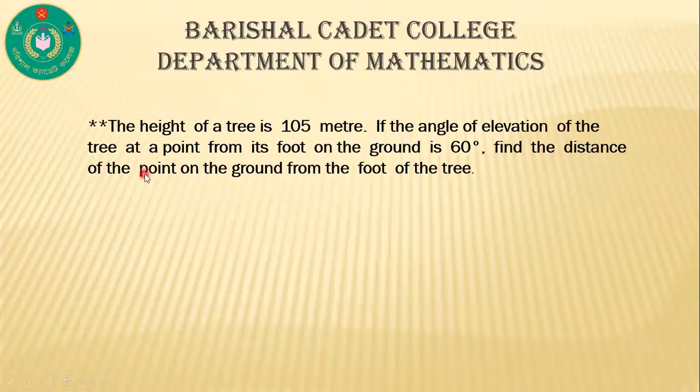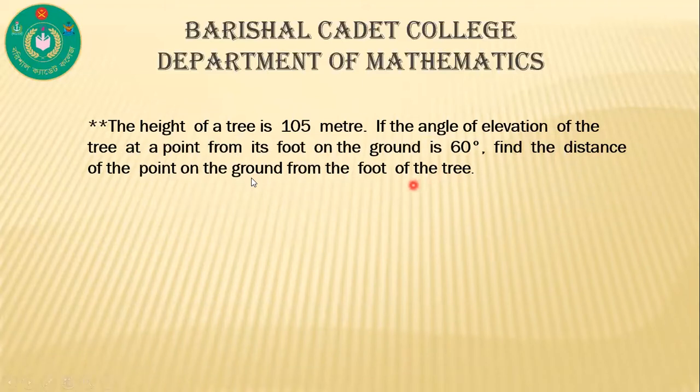Now let us try to solve some questions. Here the height of a tree is 105 meters. If the angle of elevation of the tree at a point from its foot on the ground is 60 degrees, find the distance of the point on the ground from the foot of the tree.